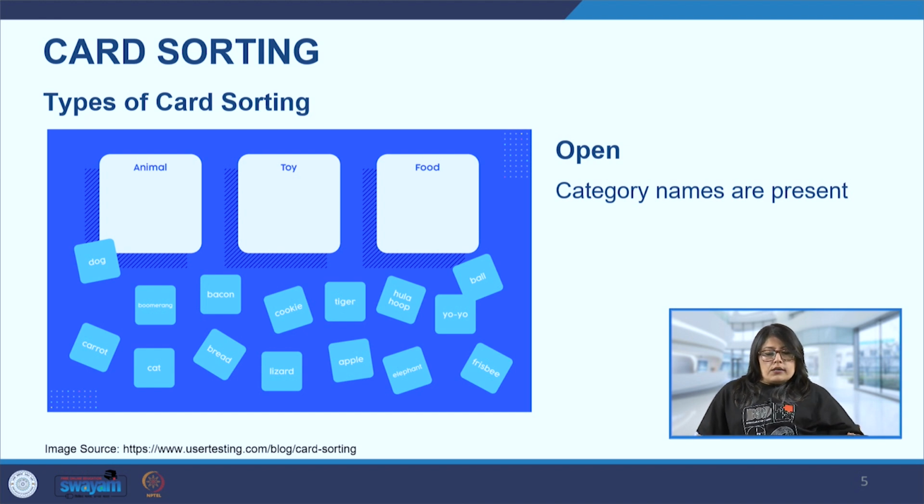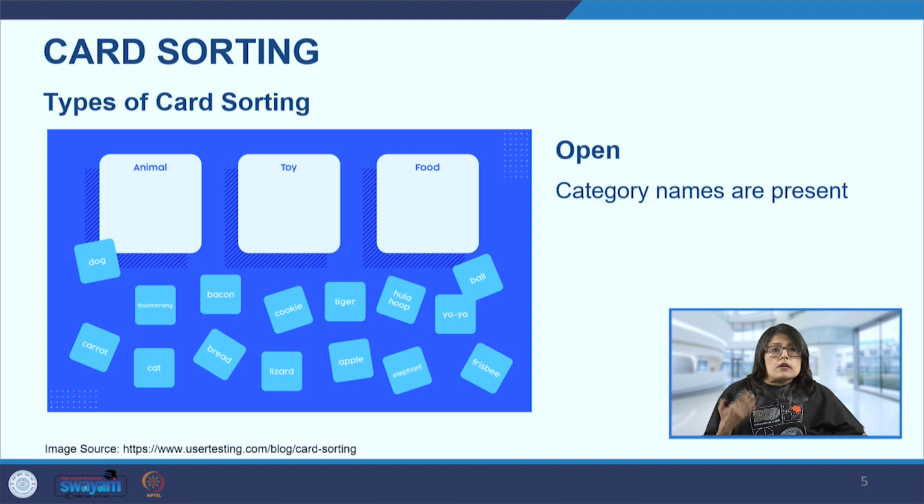So open card sorting is more appropriate when we don't know how to group and label our content and we want a different approach, and also when we want to find out how users perceive the information on our website, because there is one way in which the team is perceiving the information, but how do the users perceive it? So it helps us connect with the users directly and see their way of thinking.